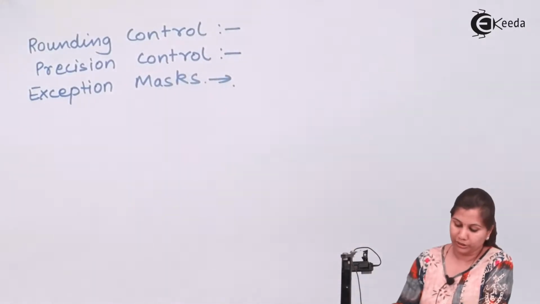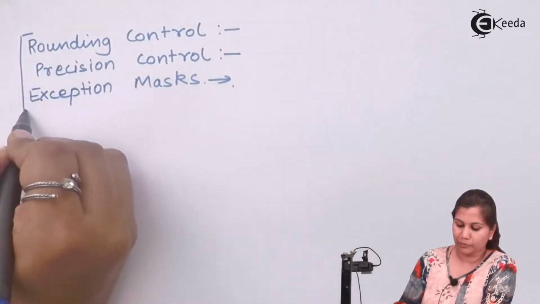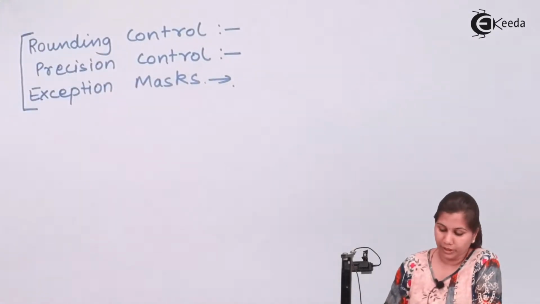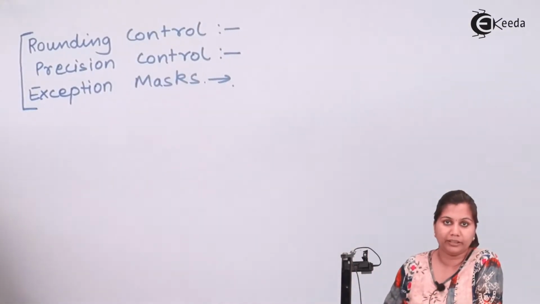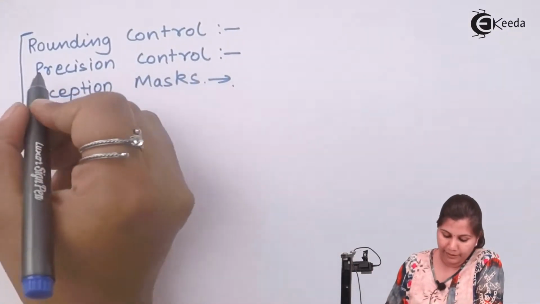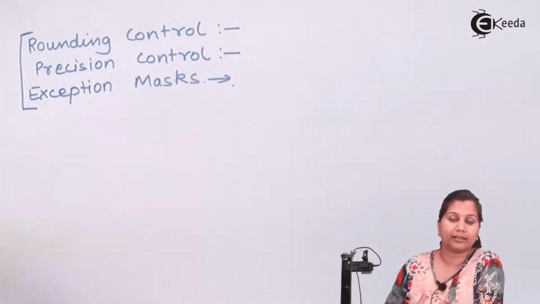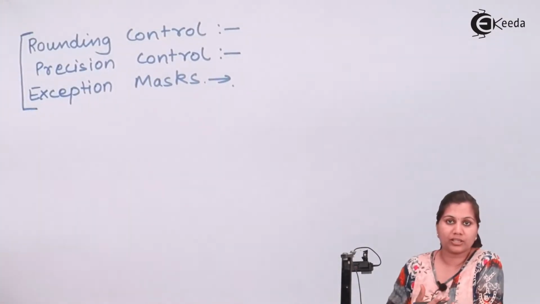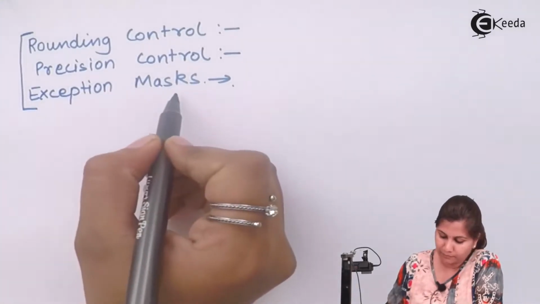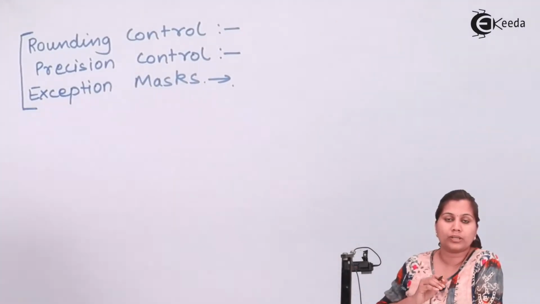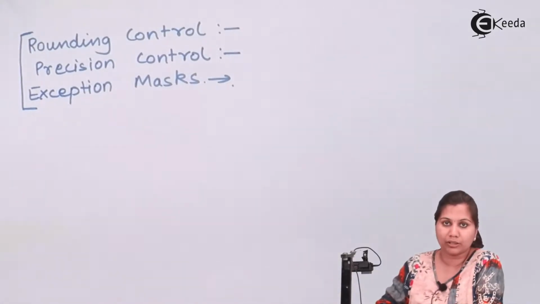So these three things are provided by the control word. Rounding control determines the type of rounding to be done to the result. Precision control means how much precision is present in the result. Then the exception mask is used to mask the exception flags.